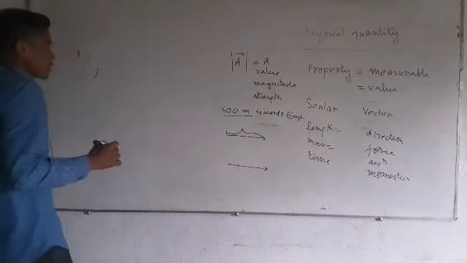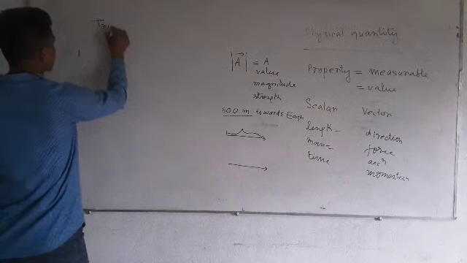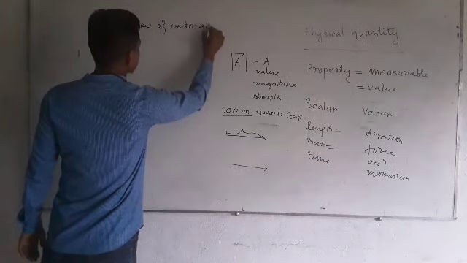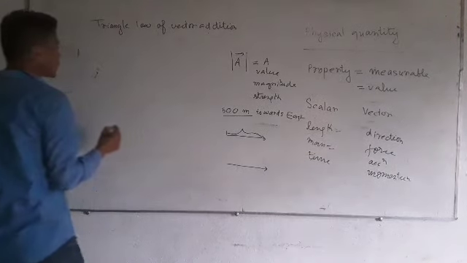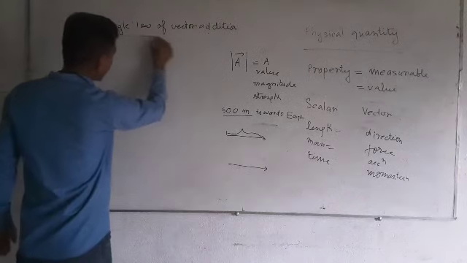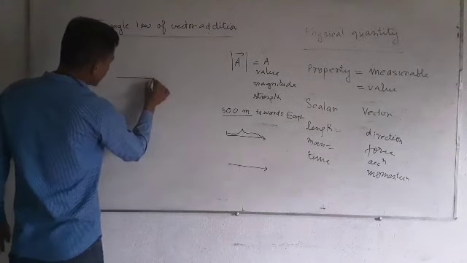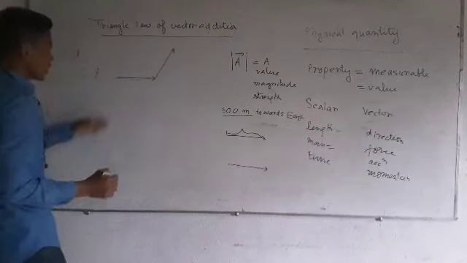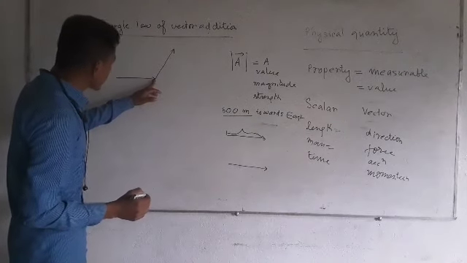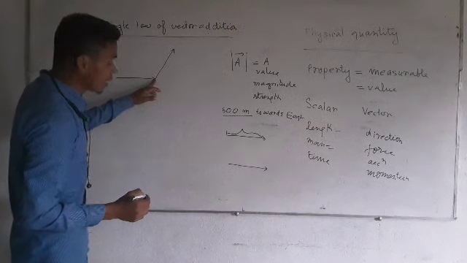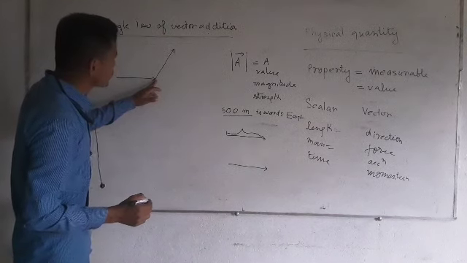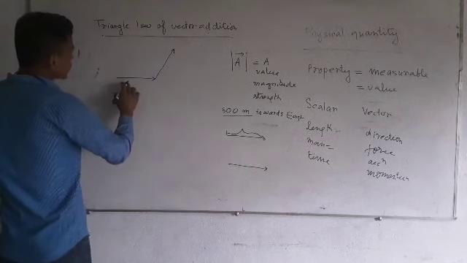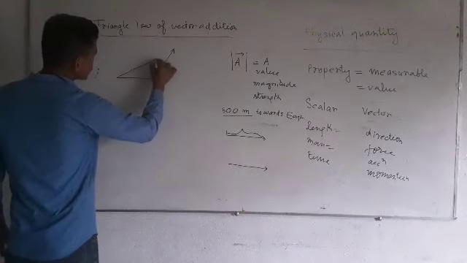So, what is the triangle law of vector addition? According to this law, if two vectors form two adjacent sides of a triangle in order, that means the endpoint of the first vector coincides with the starting point of the second vector, then the resultant vector will be the closing side of the triangle drawn in opposite order.